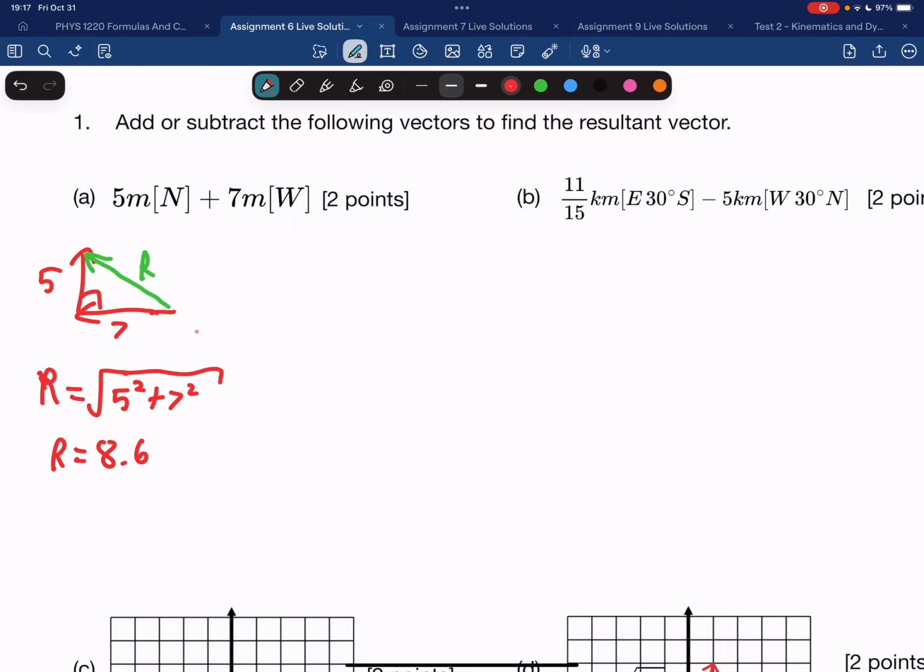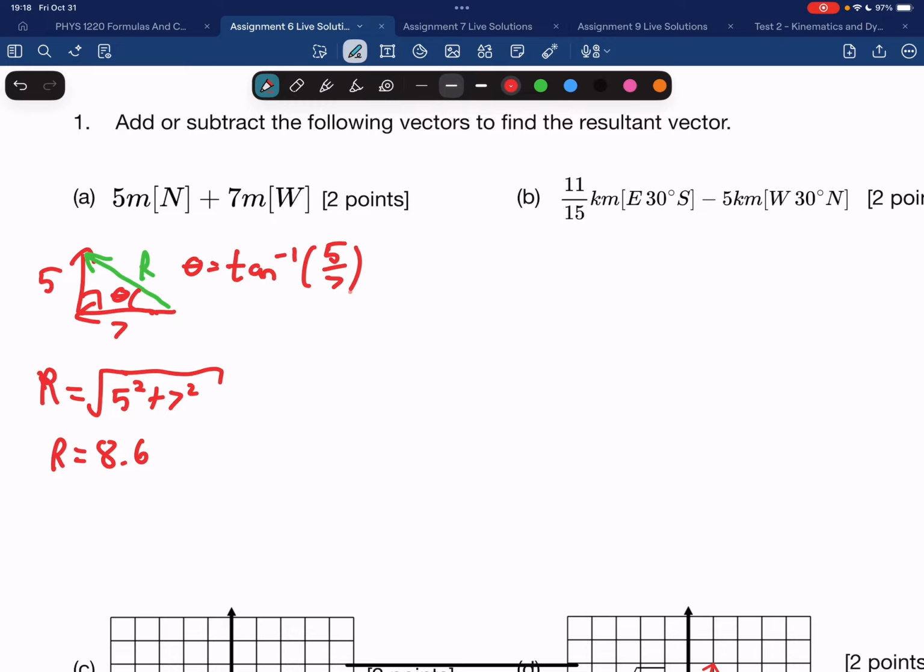And because we're given 5 and 7 here on a right angle triangle, I'm going to use tangent. And I know that the tangent of this angle here, angle theta, I know that the angle theta can be written as theta equals the inverse tangent of 5 over 7.